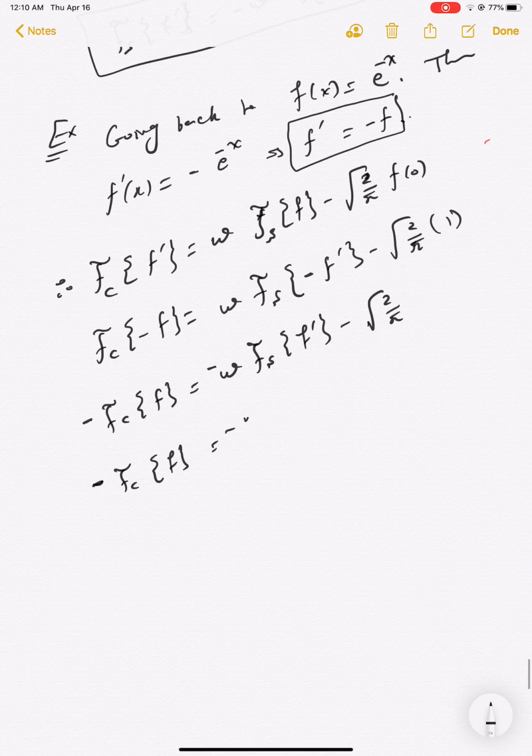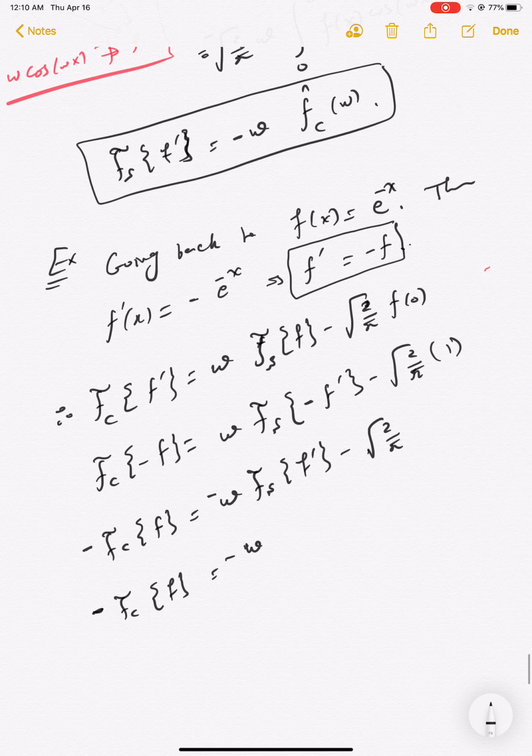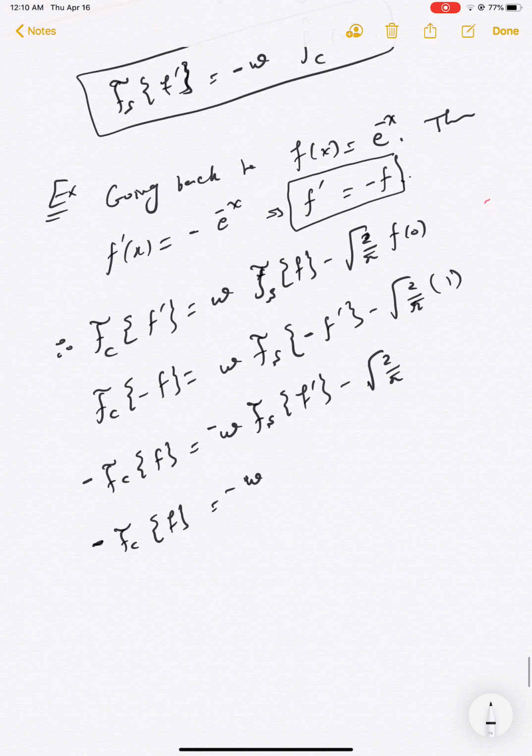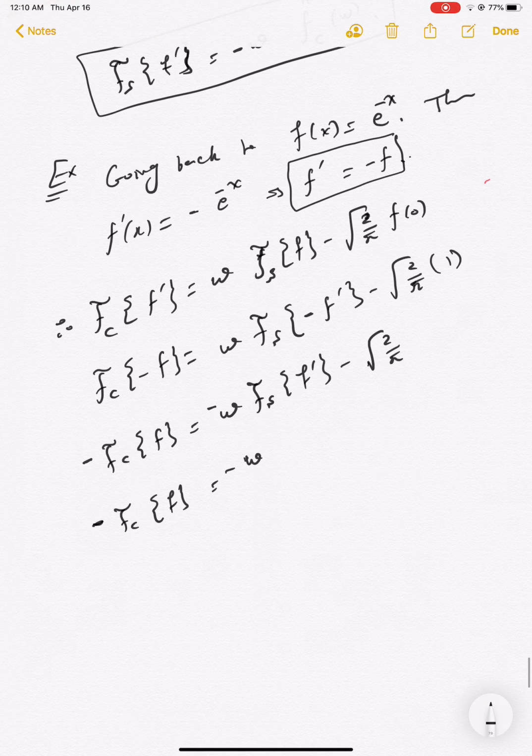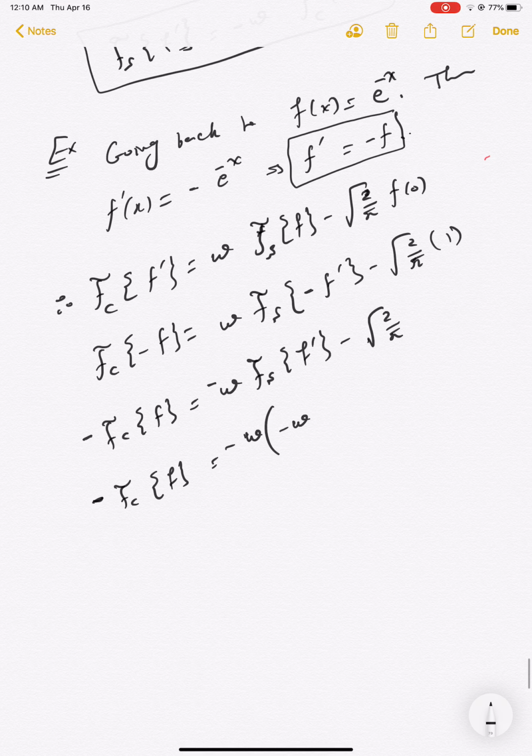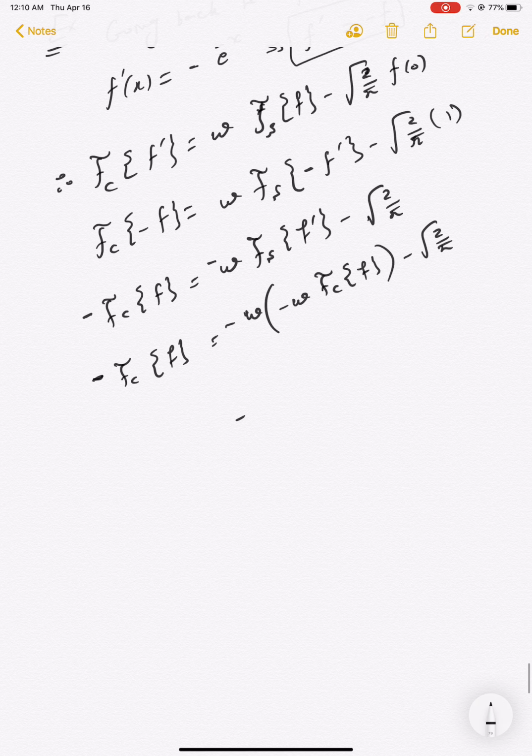What is the Fourier sine of the derivative? The Fourier sine of the derivative is, this is the formula here. So you just substitute and you get negative omega, the Fourier cosine of the function, right? So what is this? This is omega squared Fourier cosine minus root 2 over pi, and this is minus the Fourier cosine.